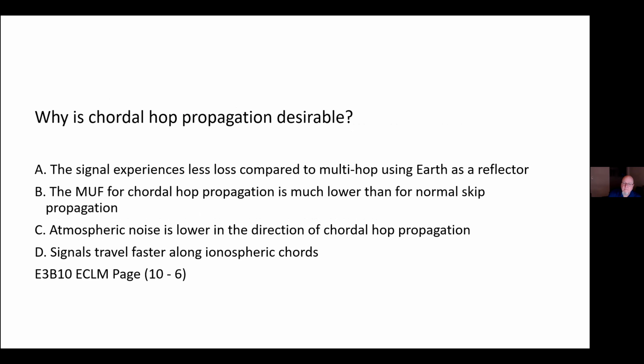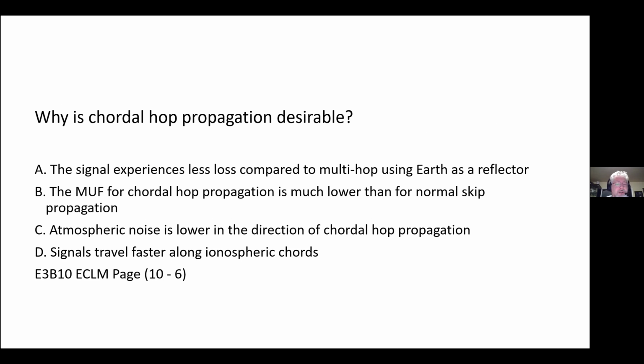Bravo is correct. Switch to a lower frequency HF band. Why is chordal hop desirable? A, the signal experiences less loss compared to a multi-hop using Earth as a reflector. B, the MUF for chordal hop propagation is much lower than for normal skip propagation.